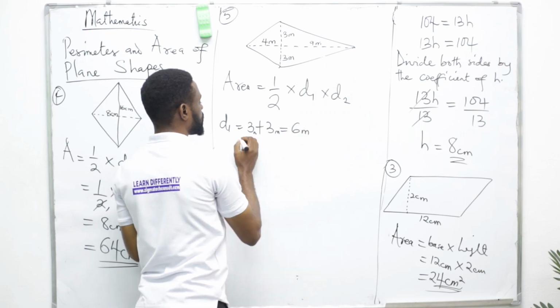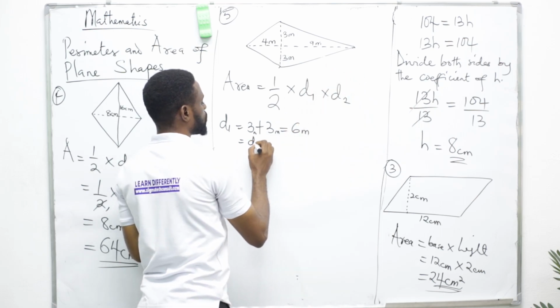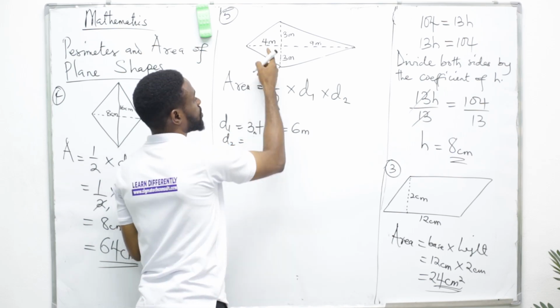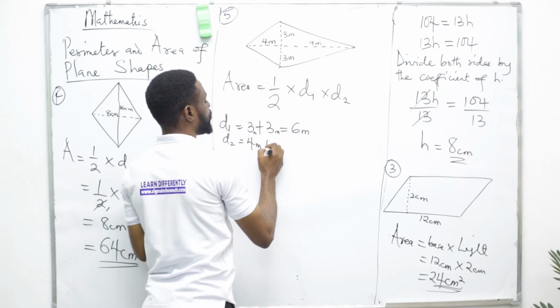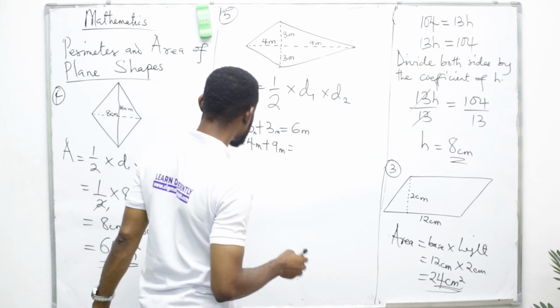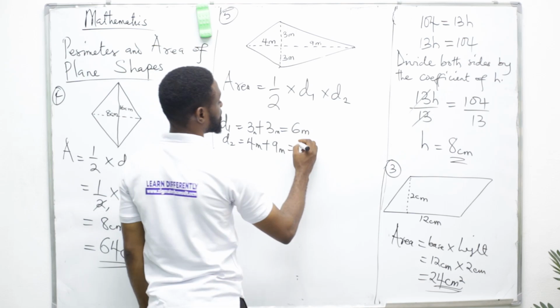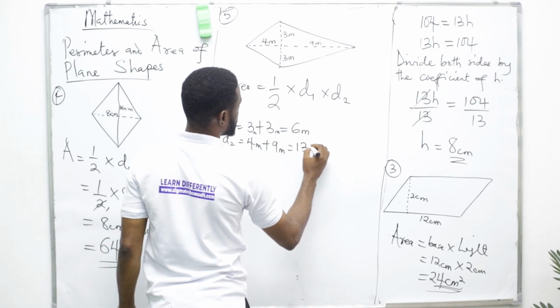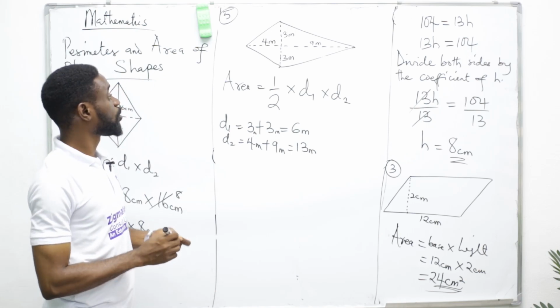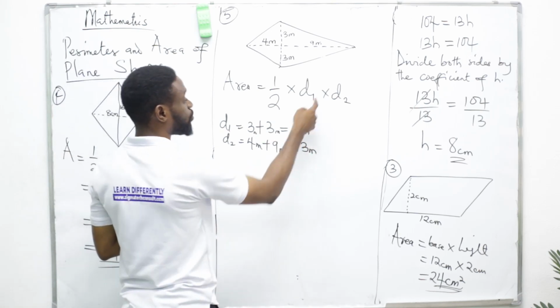While for this one, that is D2, D2 is 4 meters plus 9 meters. Okay? 4 meters plus 9, I think this is 13 meters. So what that simply means is this value we are going to put here.